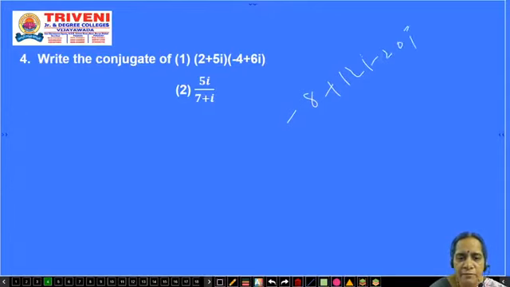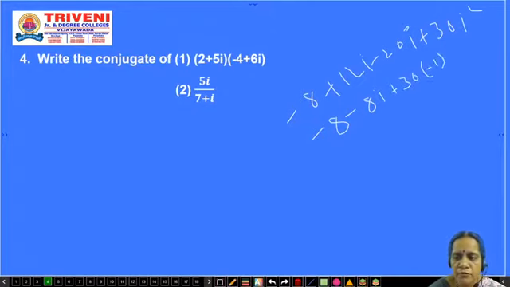Plus 5 into 6, 30i square. That is equal to minus 8 plus 12i minus 20i plus 30i square. 12i minus 20i is minus 8i, plus 30 into the value of i square, which is minus 1.